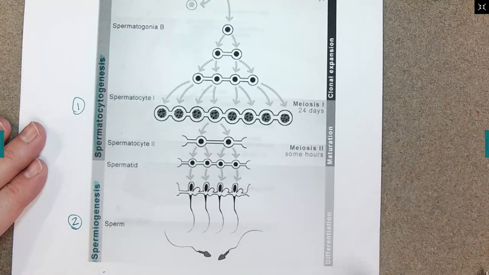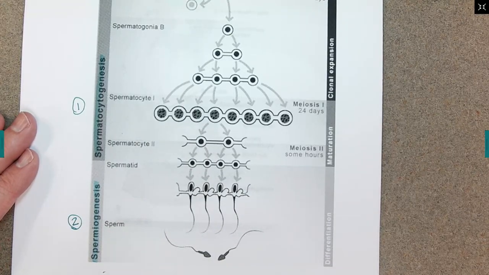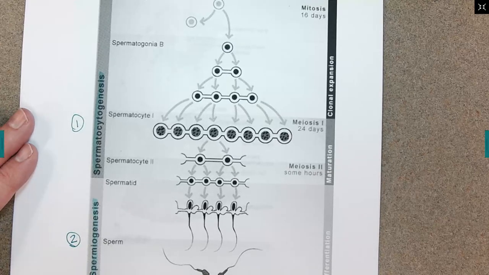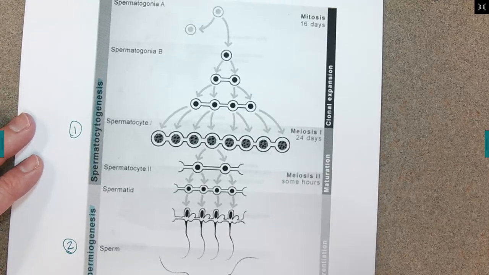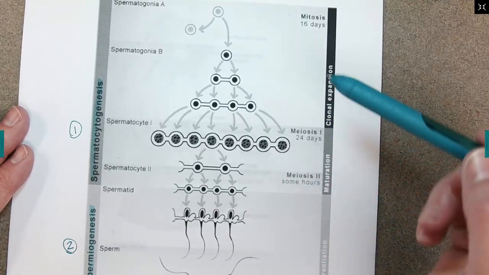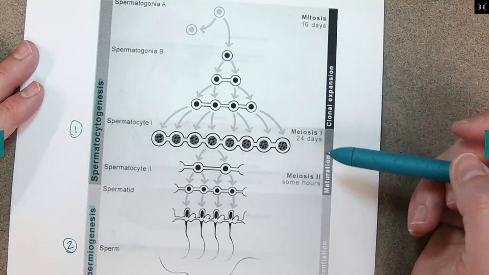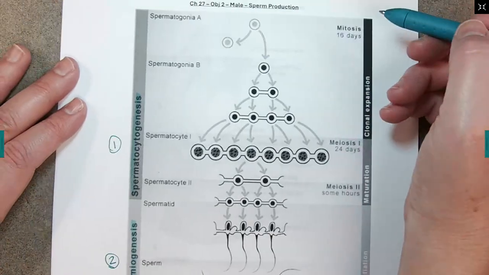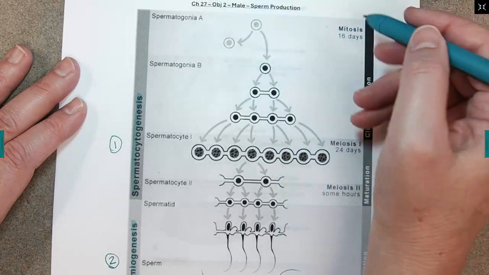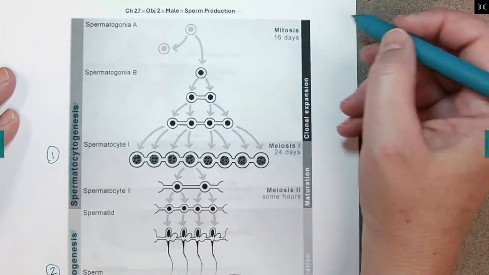Now let's take a look at spermatocytogenesis first. And where are we as far as in the seminiferous tubule? So this is the outermost layer of the seminiferous tubule. Here we go.